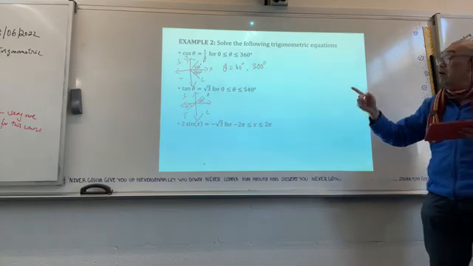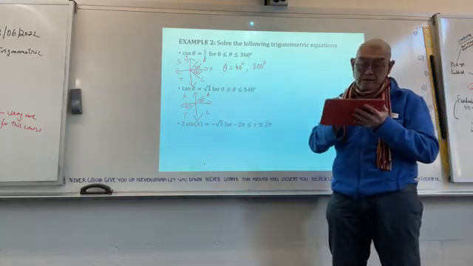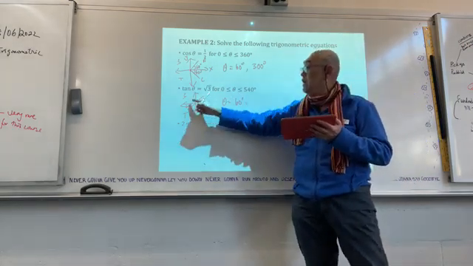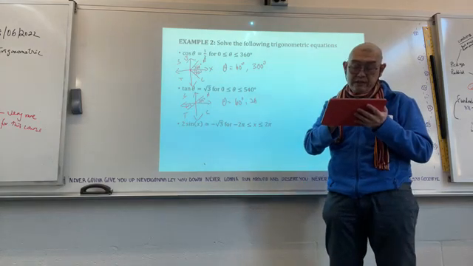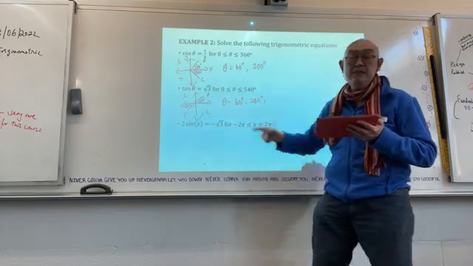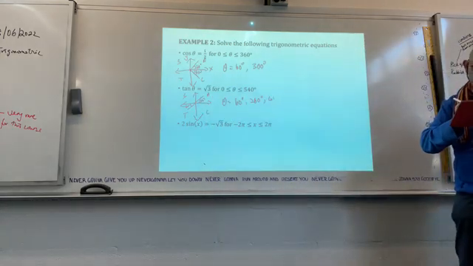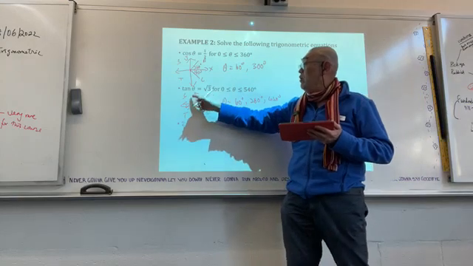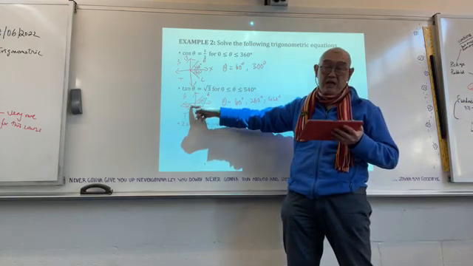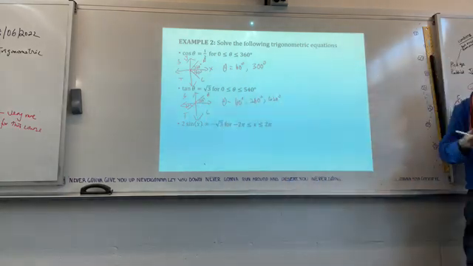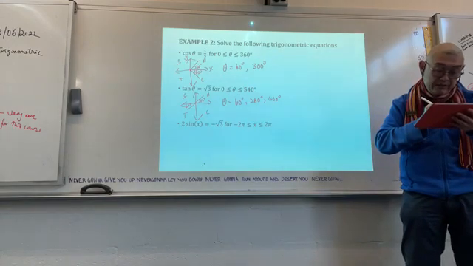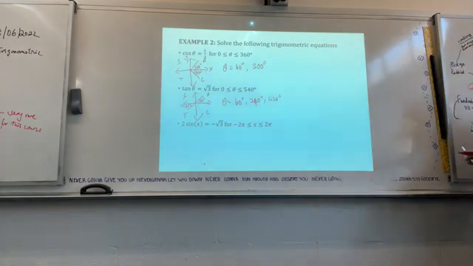So start off with theta would be 60 degrees, followed by 180 plus 60, 240 degrees. Now, keep on going. 360 plus 60 is 420 degrees. Then we go on to here. Would that angle be greater than 540? It is. So the only solutions are 60 degrees, 240 degrees, and 420 degrees.